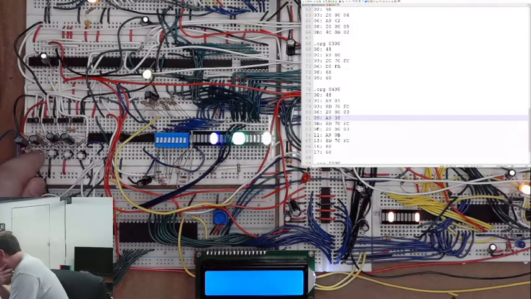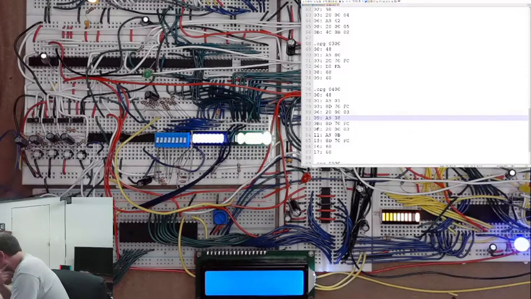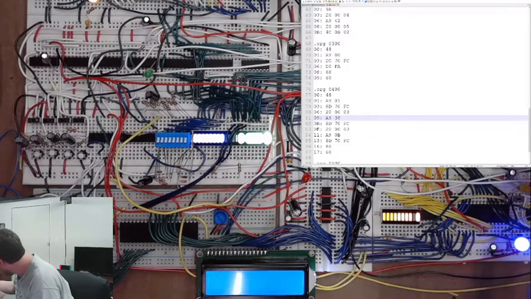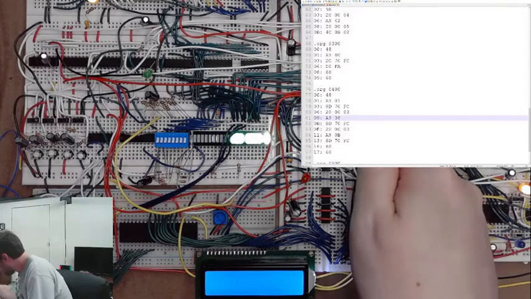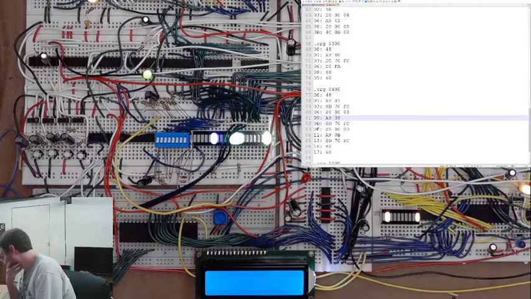And it should just do nothing forever at some point here. Okay, there it probably wrote something. Definitely doing something wrong. Let's reset and just see what we can get to happen here.